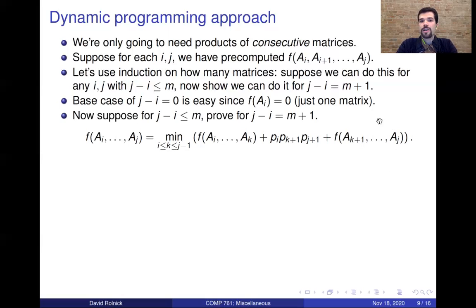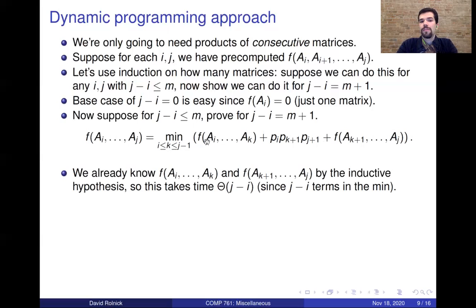And then here is the cool part. We've already computed these because that's fewer matrices. We already knew that we could do it for anywhere up to m matrices. So we already have computed this, and we've already computed this.